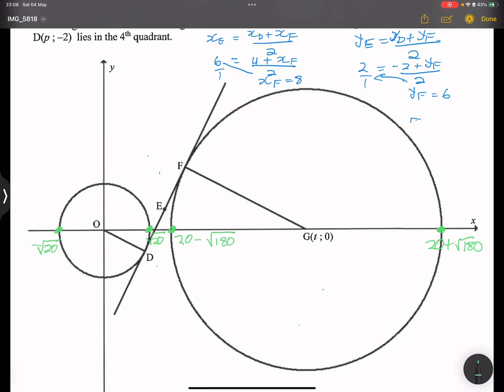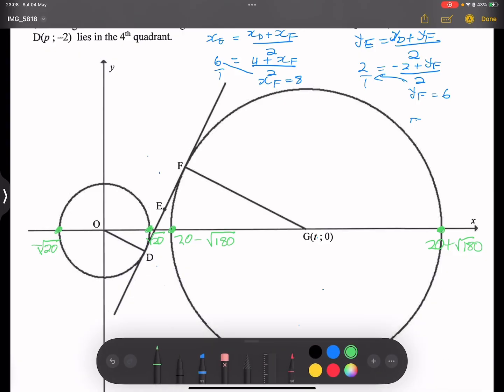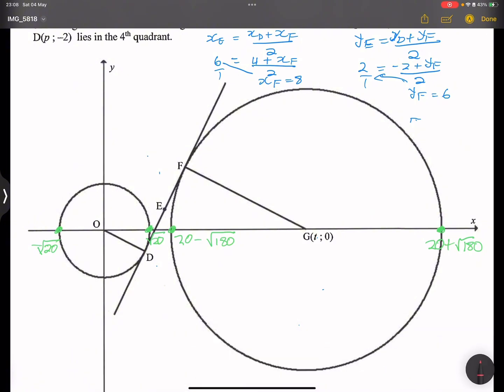So those are the x-intercepts, right? Now, ladies and gents, I want us to consider the first one. I'm going to move this point to come here so that my circle just manages to touch the bigger circle internally, right?